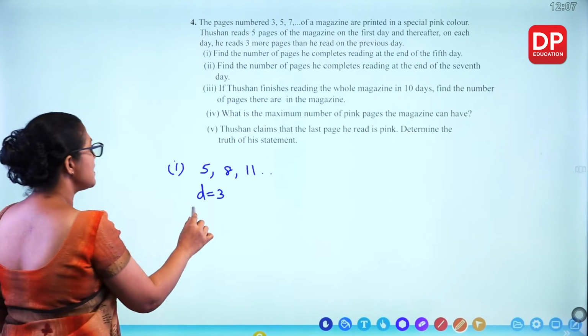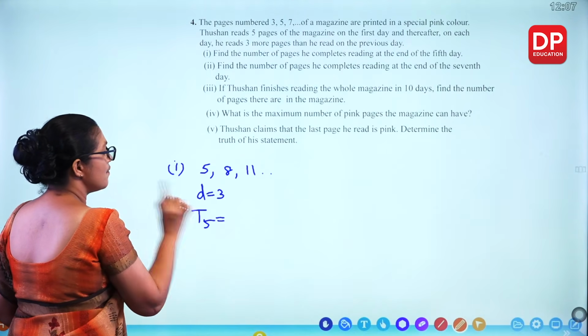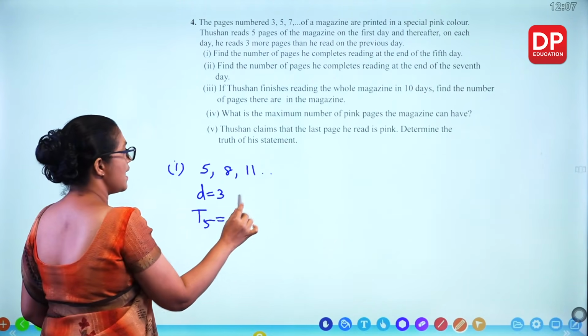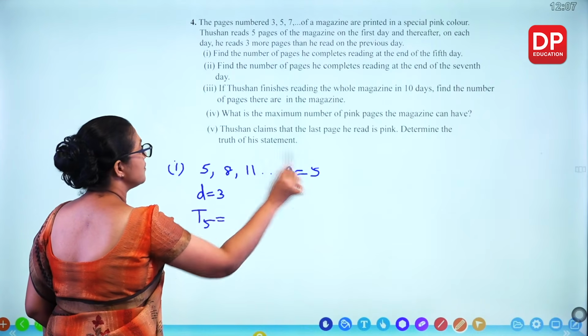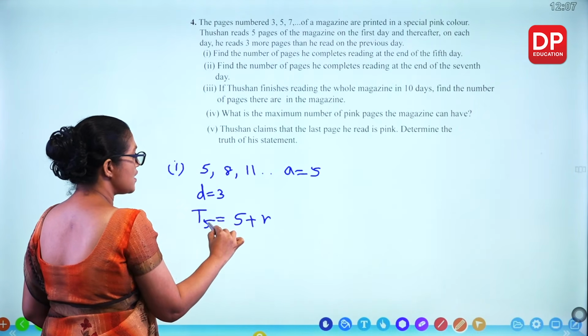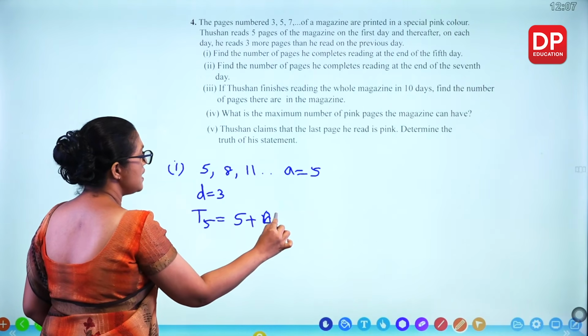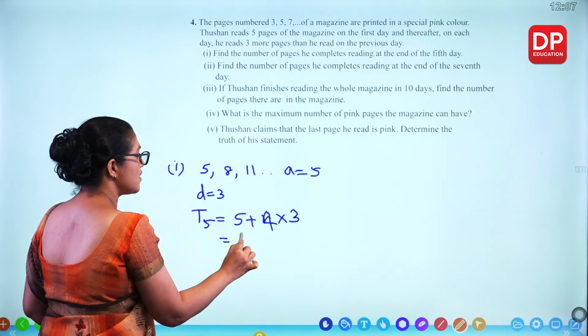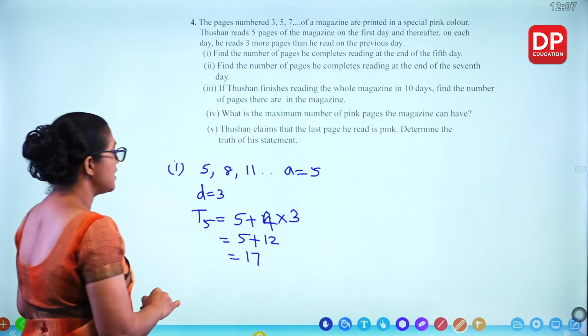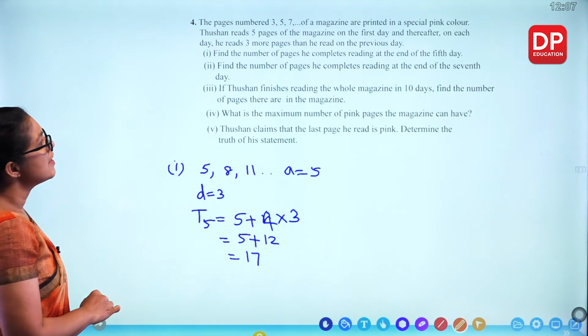So that means T5. What's the formula? Tn formula? a, a is 5 here. 5 plus n minus 1 means 4. d equals 3. So 5 plus 12, you get 17. So 17 pages he read.